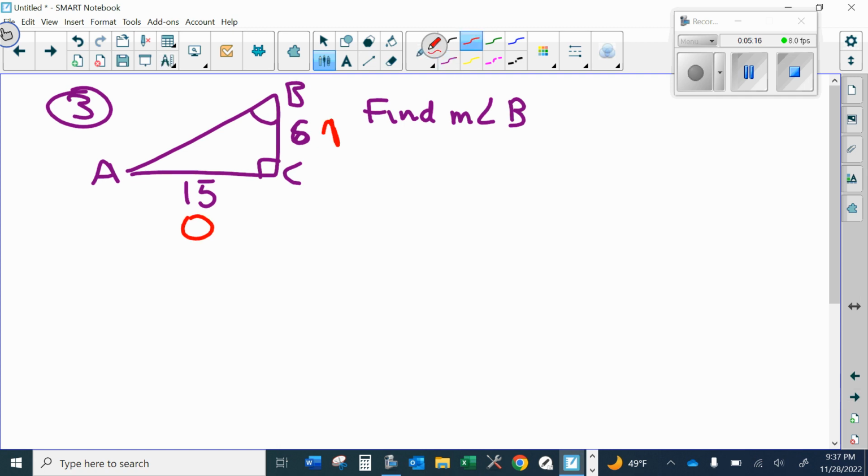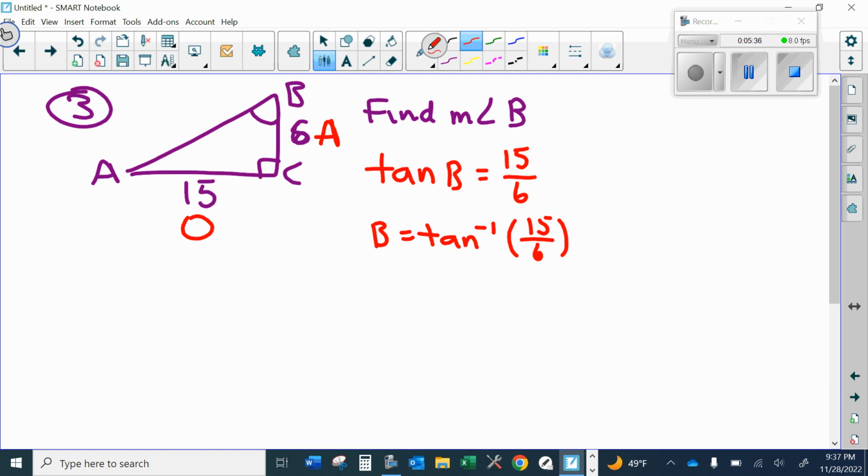That's the opposite side, and that's the adjacent side. Opposite over adjacent is tangent, so I'd have the tangent of B equals the opposite, 15, over the adjacent, 6. And then to solve for B, I take the inverse tangent of both sides. So on the left side, it cancels out. I have that. And we're going to round to the nearest degree.